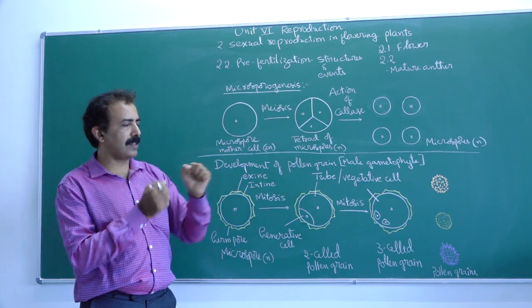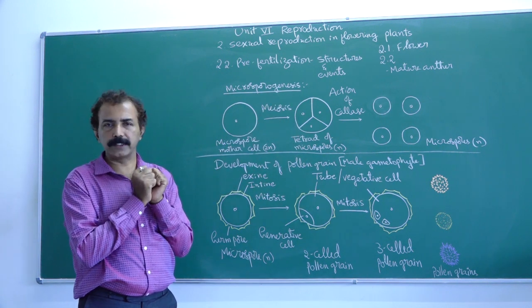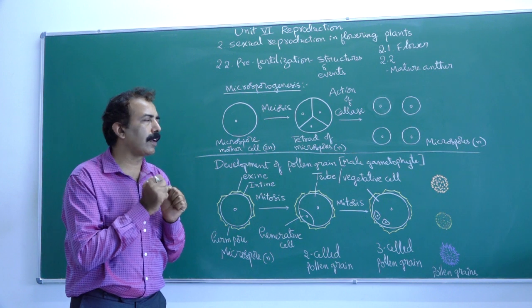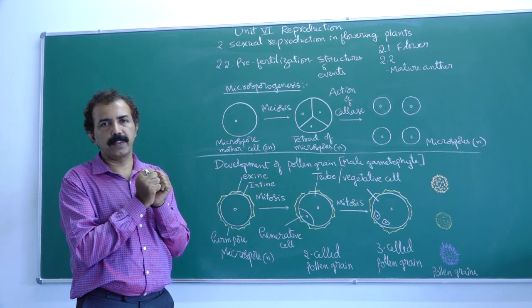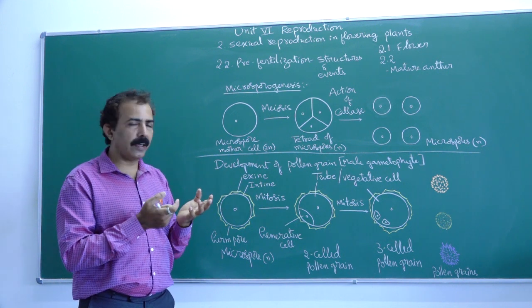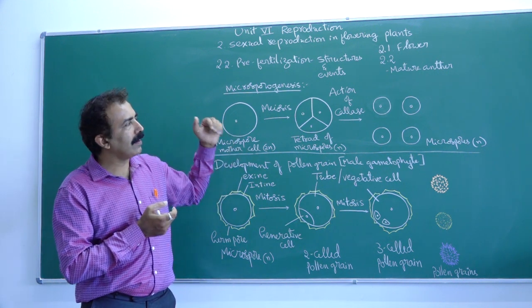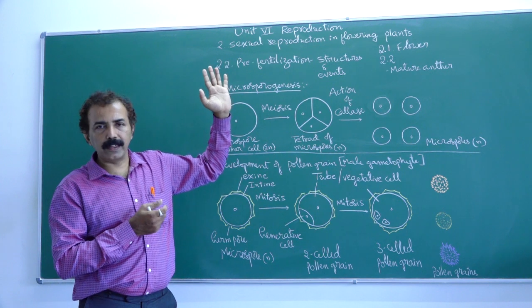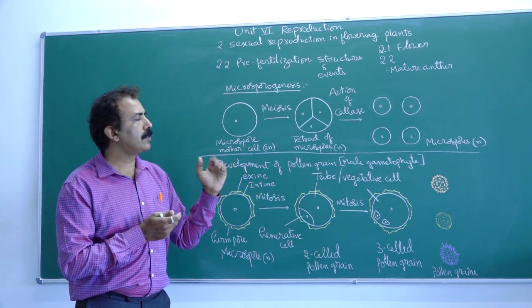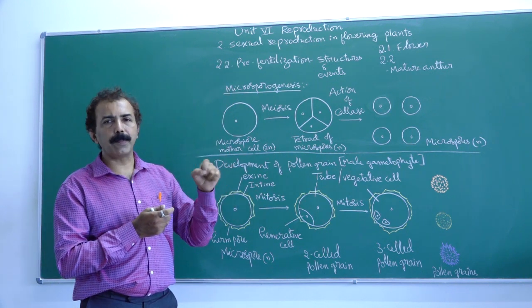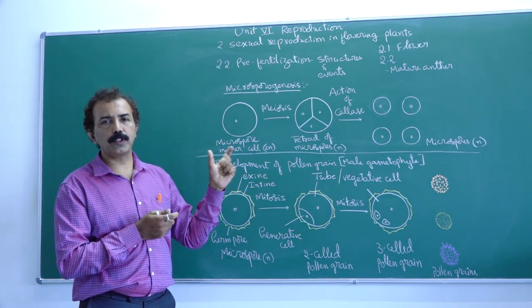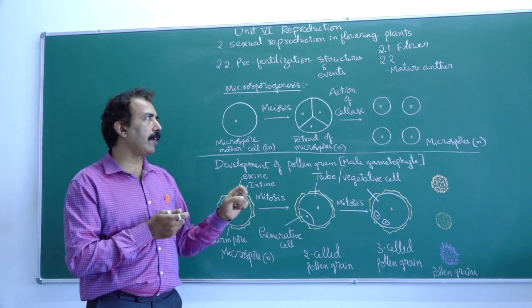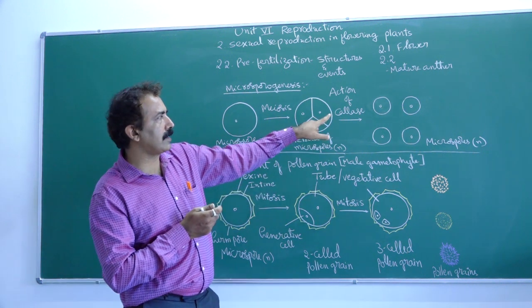And you write this simple diagram. Now, these 4 cells are cemented to each other. There is a material called callose binding those 4 cells. They need to separate and move away independently. To separate them, the tapetal layer, the innermost layer of the cells in the mature anther, secretes a material called callase.